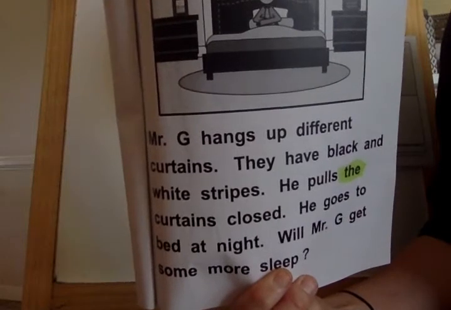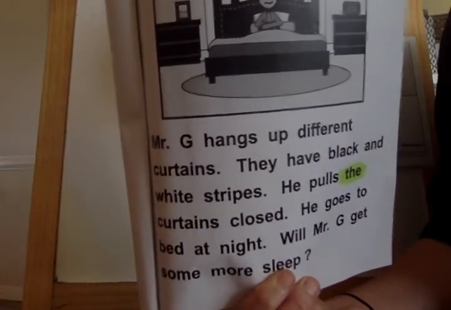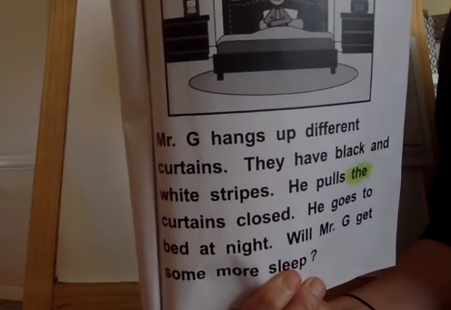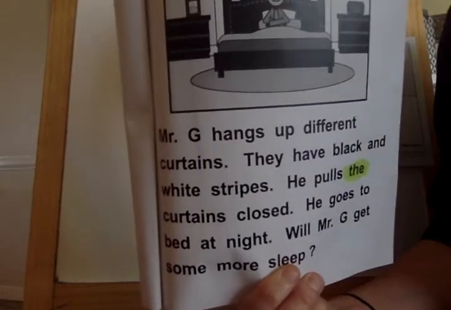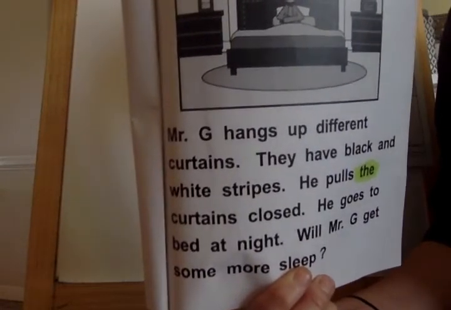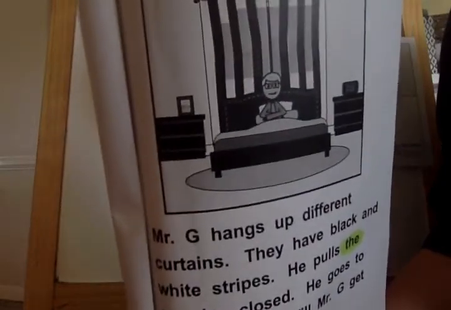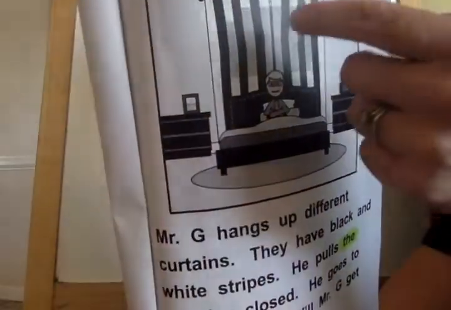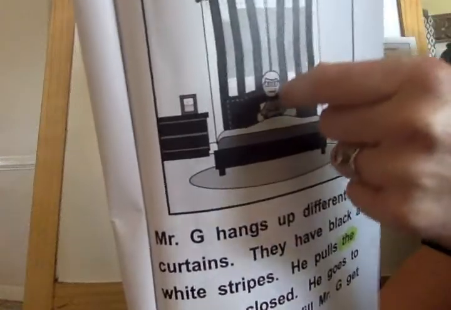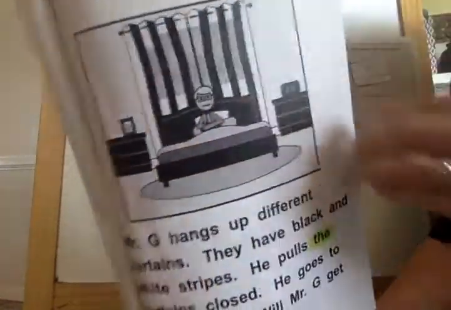Mr. G hangs up different curtains. They have black and white stripes. He pulls the curtains closed and he goes to bed at night. Will Mr. G get some more sleep? These curtains have black, white, black, white. What do you think?